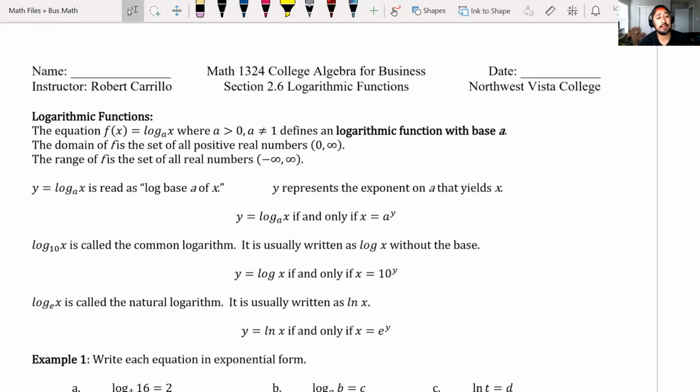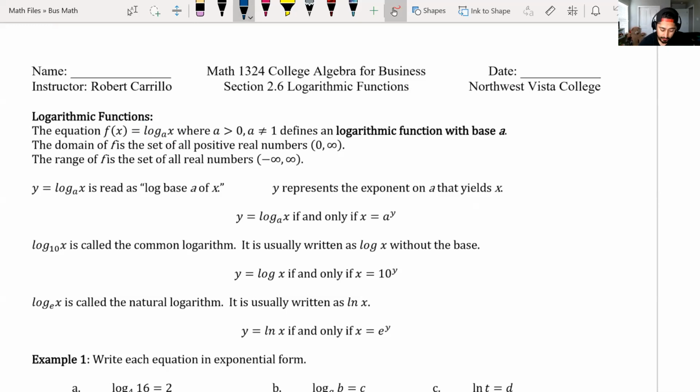This defines a logarithmic function with base a. The way we say this is log base a of x.